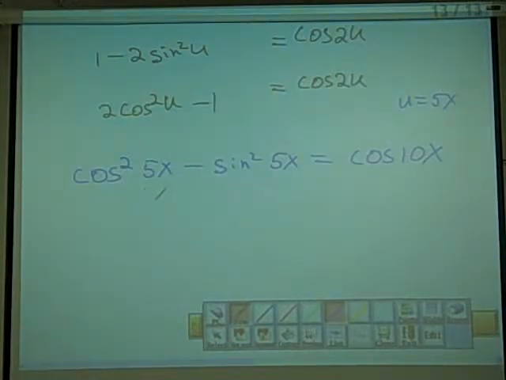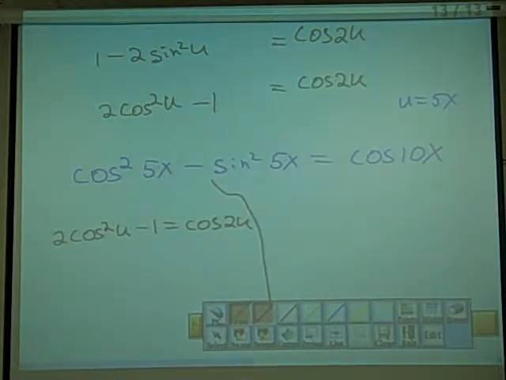we're going to split this in two. This has that 2 cosine squared u in it. So let's look at that. We have 2 cosine squared u minus 1 equals cosine 2u. It's like we're splitting this in half.